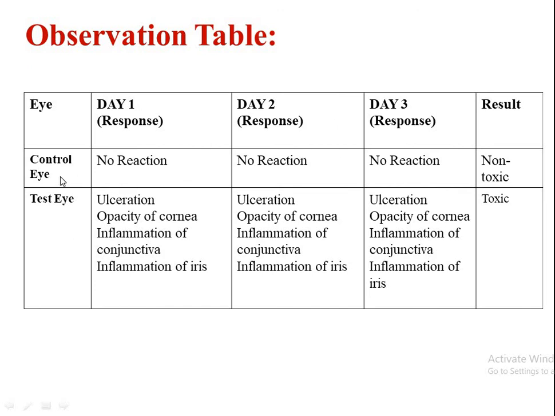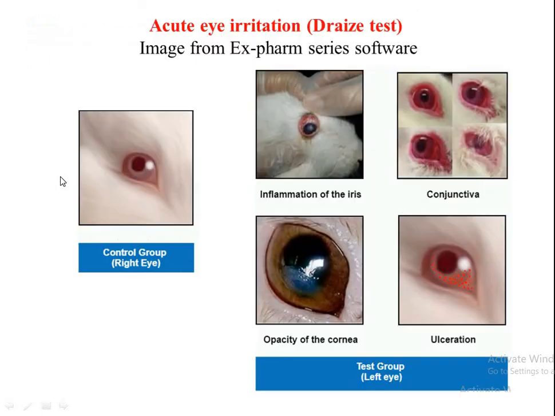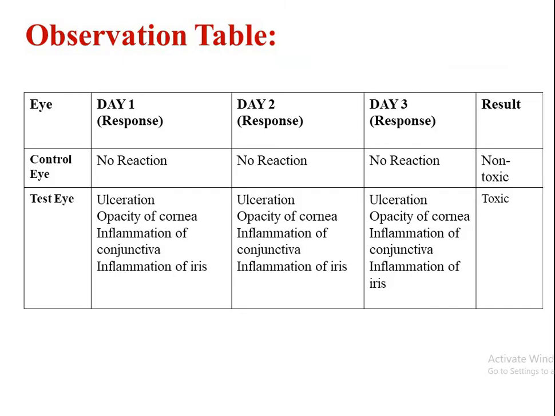In the control eye, the right eye, there is no reaction on day one, so we can say that the substance is non-toxic in the control eye. In the test eye, as we have seen from the first day up to the end, there is a presence of ulceration, opacity of cornea, inflammation of iris, and conjunctiva.